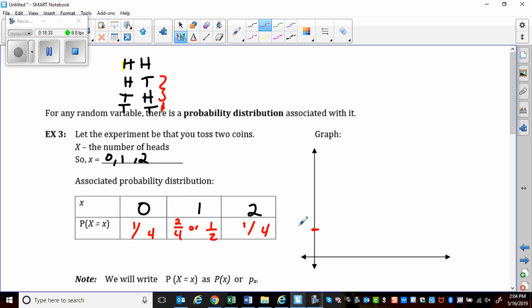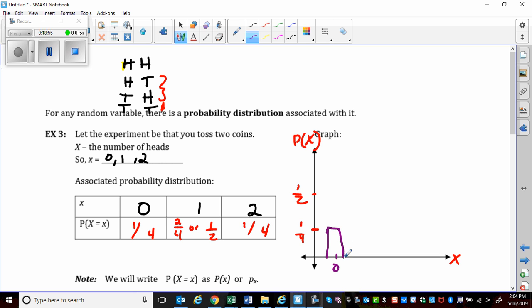And this is the probability of getting heads. So if I get 0 heads, then that probability is 1/4.